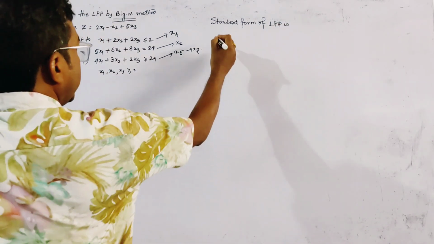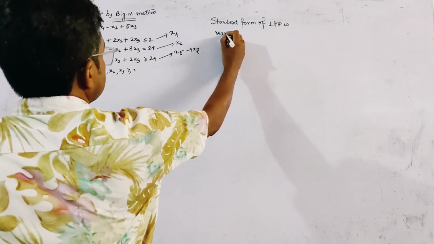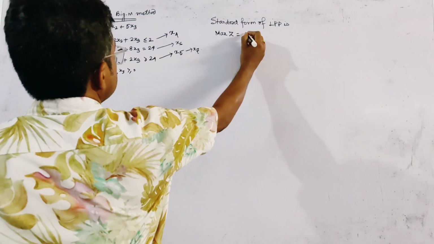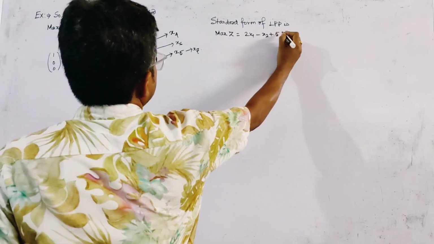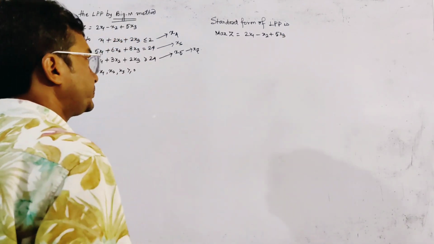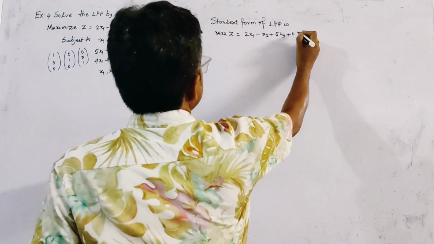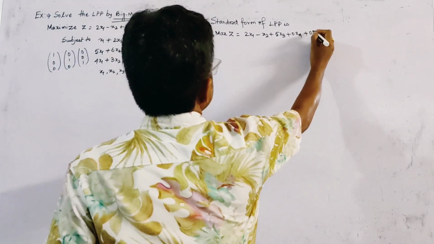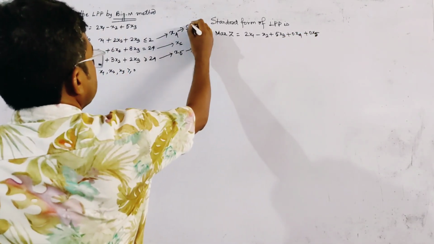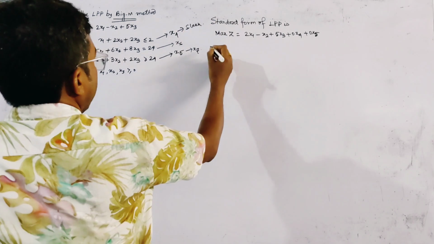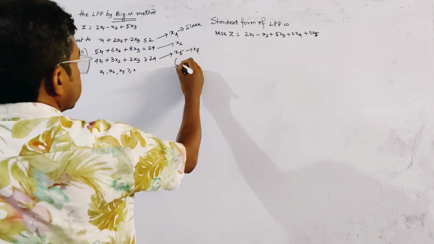The standard form is given by max Z equal to 2x1 minus x2 plus 5x3 plus 0x4 plus 0x5. This is slack, and this is surplus.